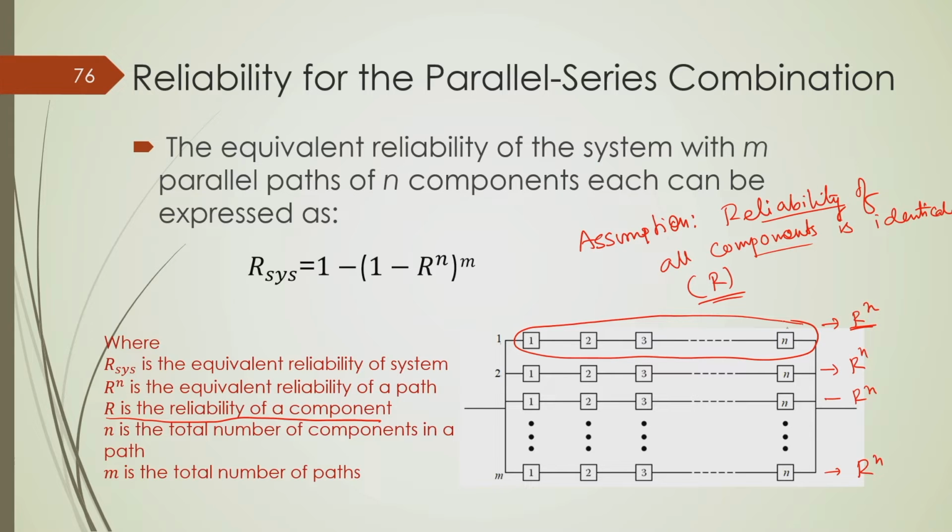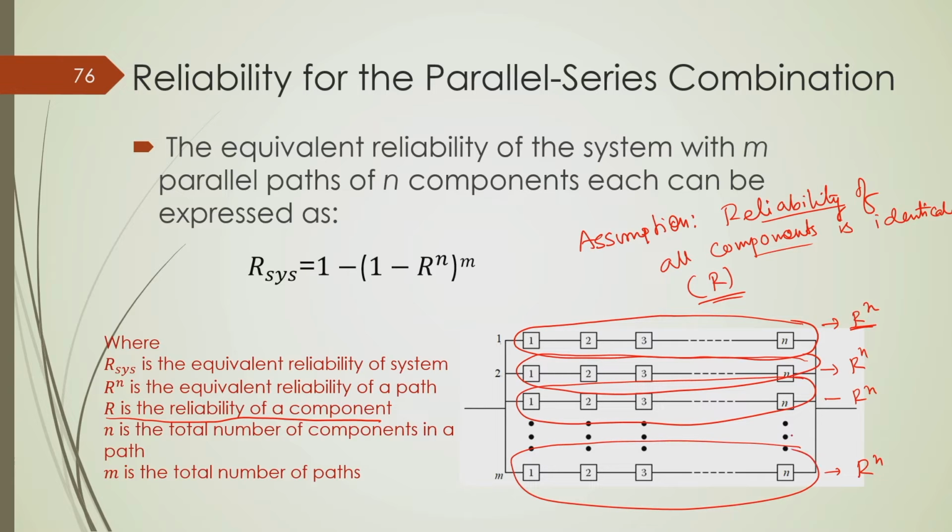Now, as we know, when we have such a parallel combination of m number of such units, for a parallel combination the unreliability function follows the product rule. That is, 1 minus r to the power n will follow this product rule.